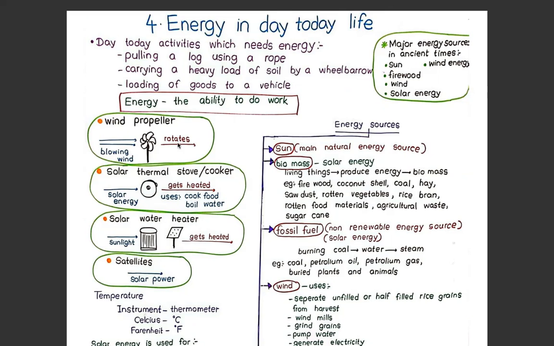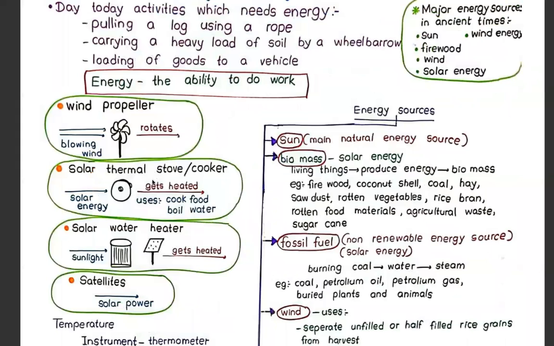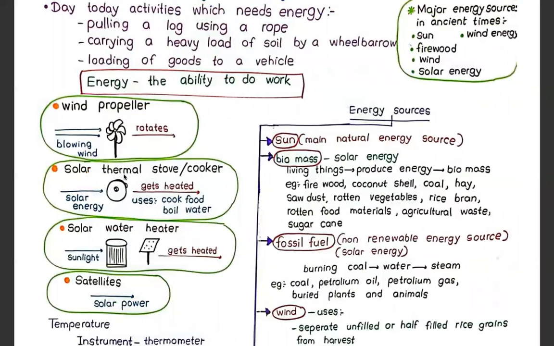Right, let's have a look at a wind propeller. This is a wind propeller. Now, in order to make it work, we need to blow wind, and then it gets rotated. The wind propeller rotates. Then let's have a look at a solar thermal stove, a solar cooker, right?